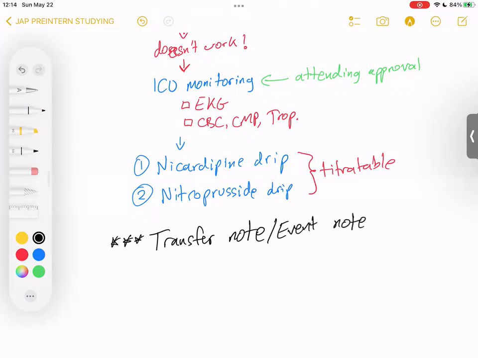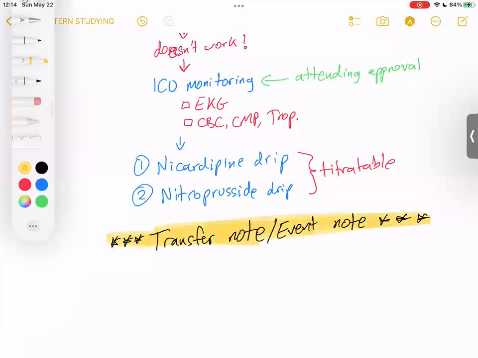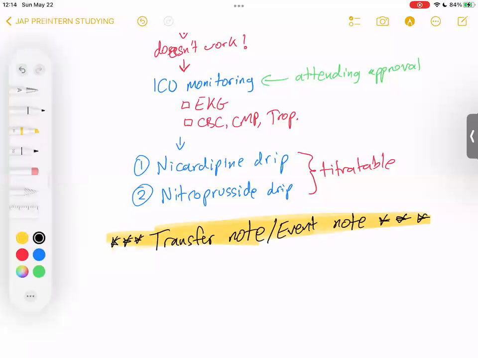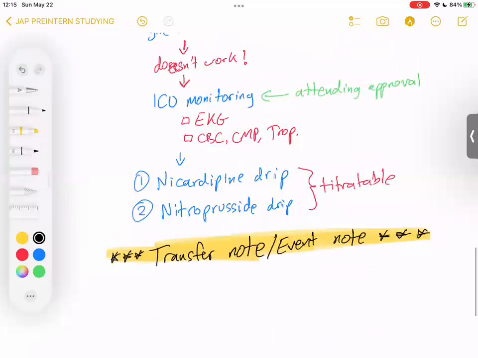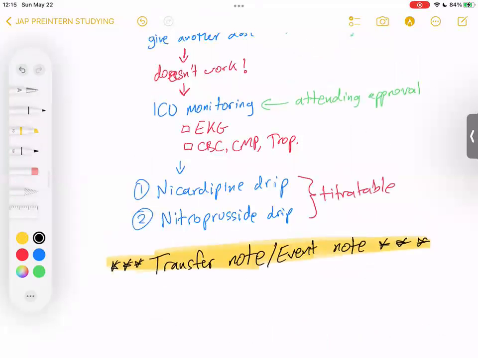So you really need to document exactly what happened. I suggest that anything you do for the patient that is outside the typical plan, like the stuff that we did in the beginning, you really want to write an event note. I was paged by the nurse at such and such time. I gave this medication. I did this and that. Anything you do, it's good practice to write an event note about what's happening: why you did what you did, and what you did. And then you transfer the patient based on the transfer note.